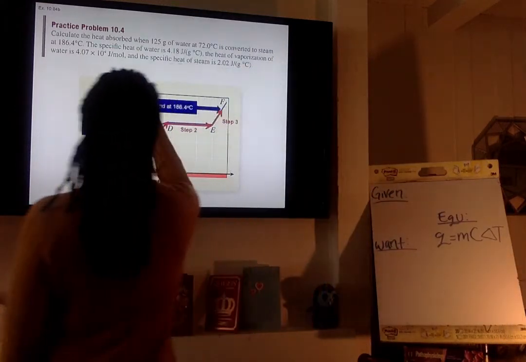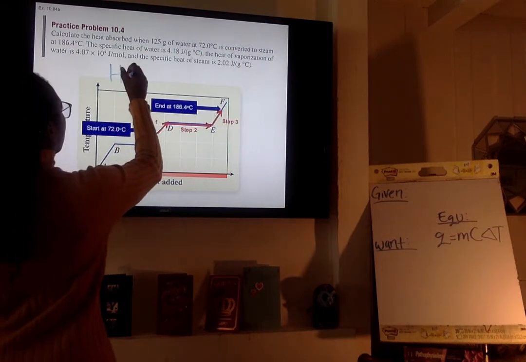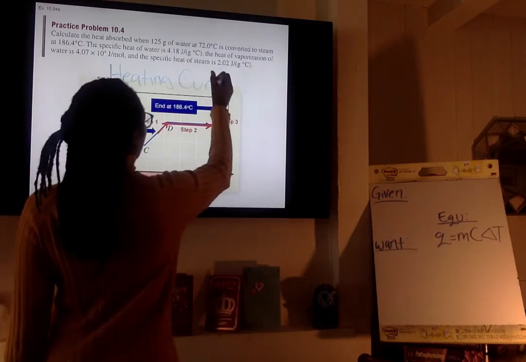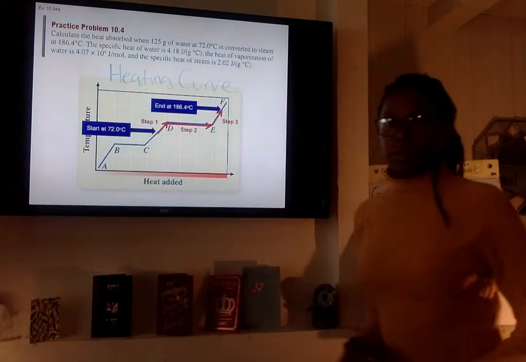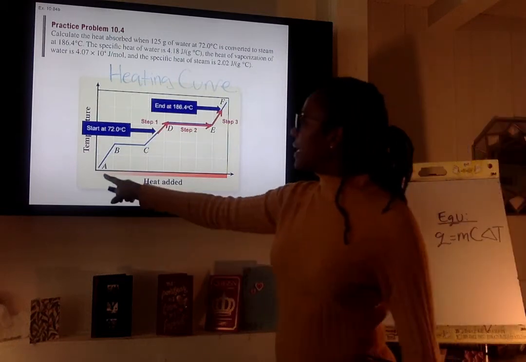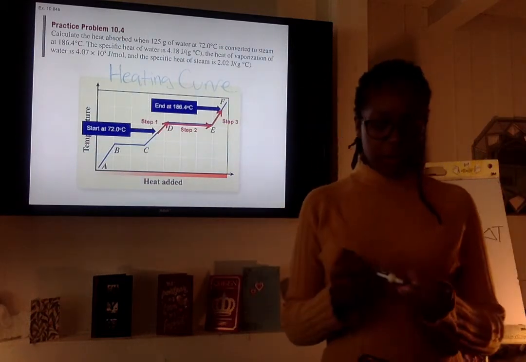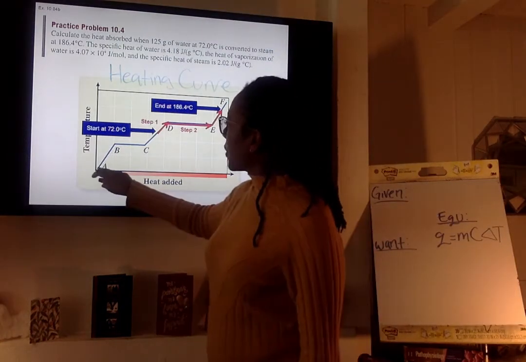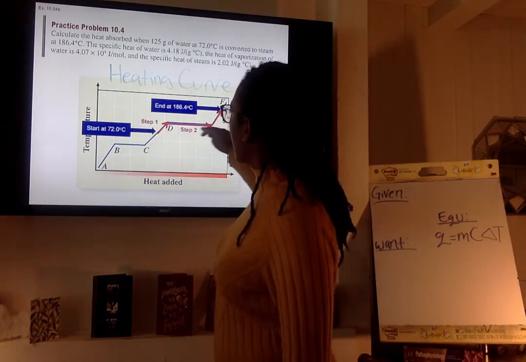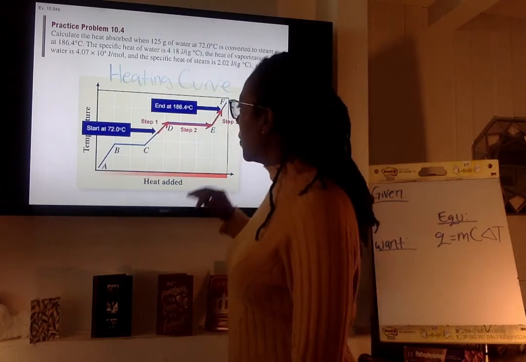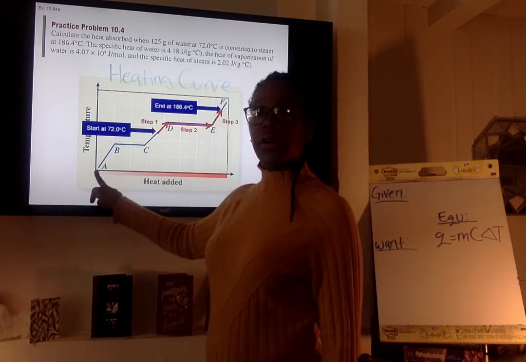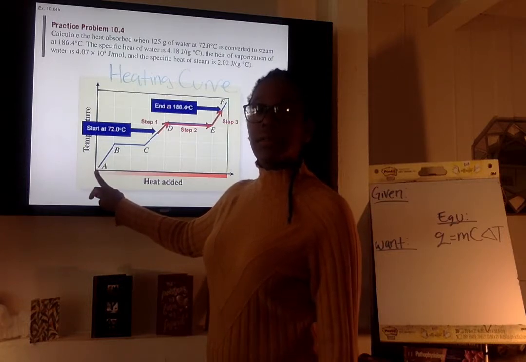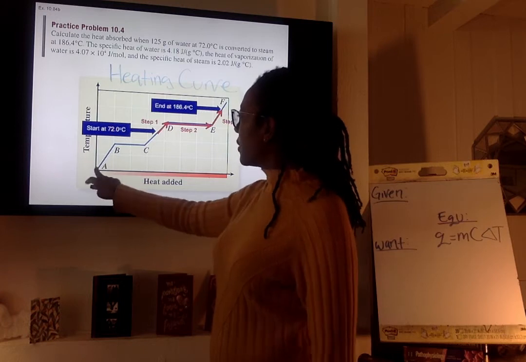This would be called a heating curve, because we're adding heat. So if this is a heating curve, then we're heating our substance. If we're starting at 0, you want to think that 0 is always going to be your ice.